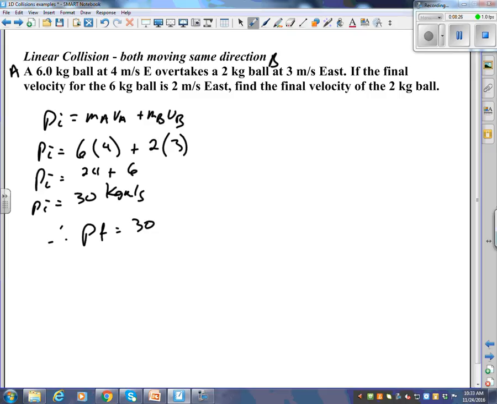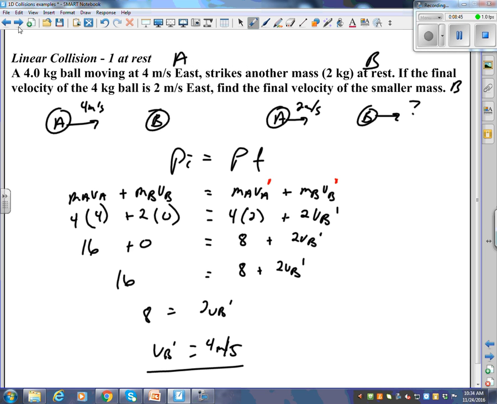The momentum is conserved. And then you'd write PF is equal to, what makes up the final momentum? MAVA prime plus MBVB prime. I'm doing the right-hand side of this now, that's all.